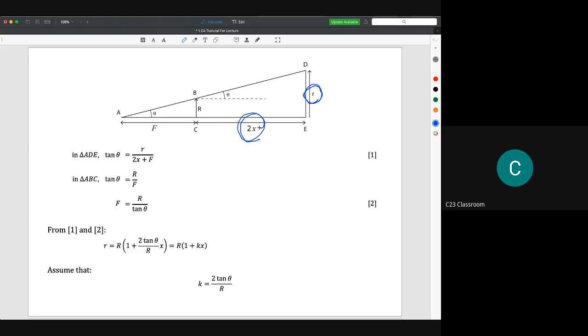So what we do is create an equation, the relation between r and x. What we could do is use this triangle. Previously in our question, the conical shape is about this shape.